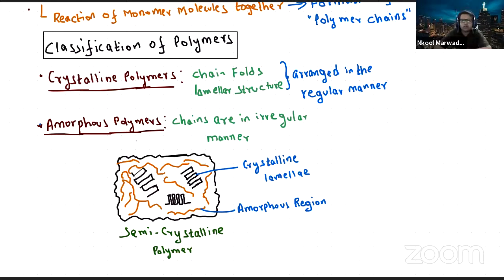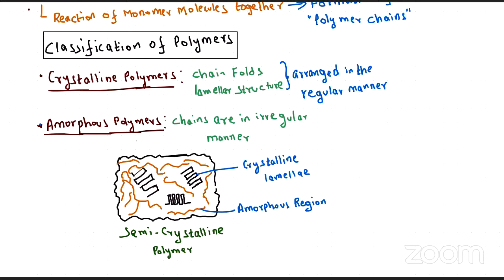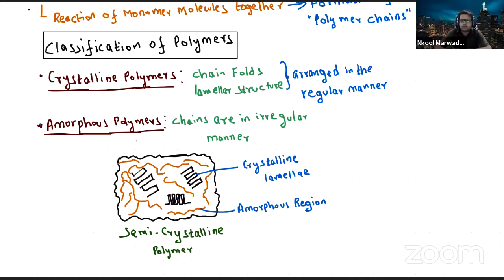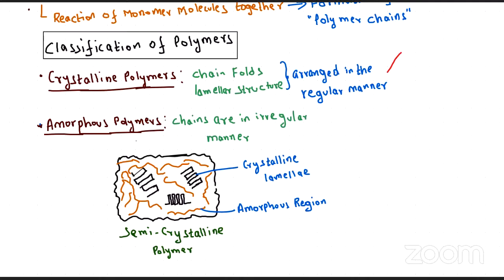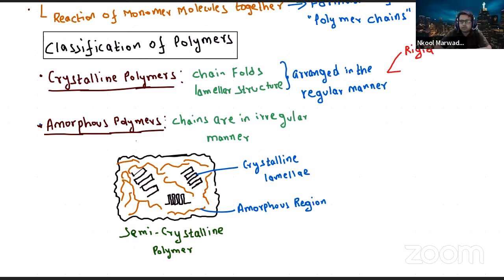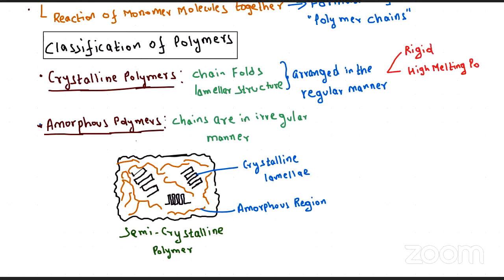If I talk about some properties of crystalline polymers, I can say that they are very rigid, with a high melting point, and hence plastics are used in some automobiles also, like the bonnet.